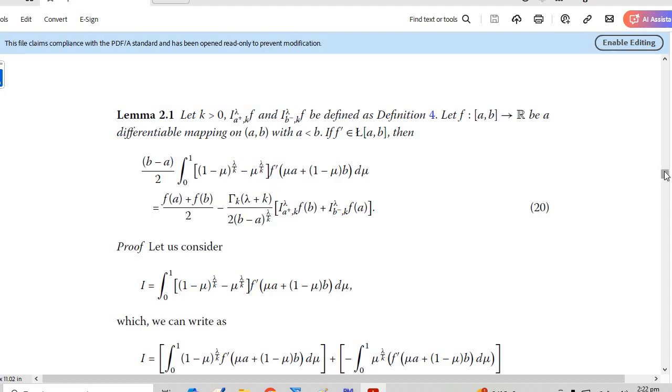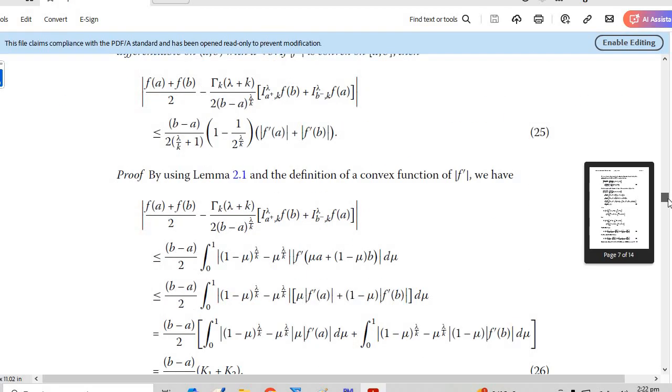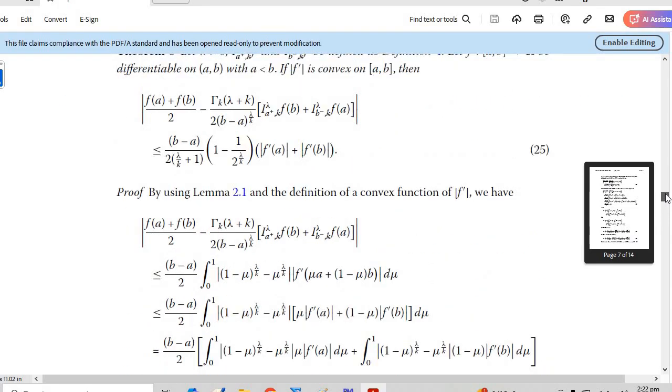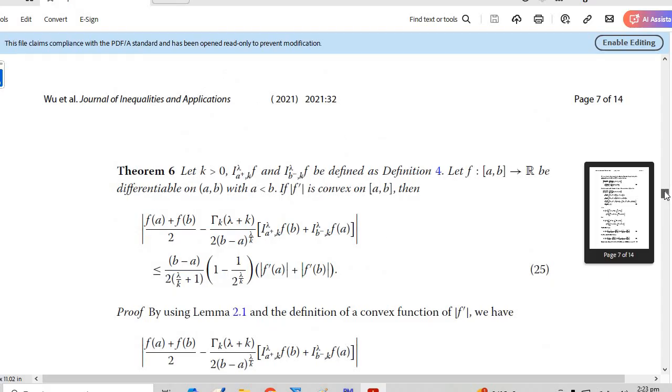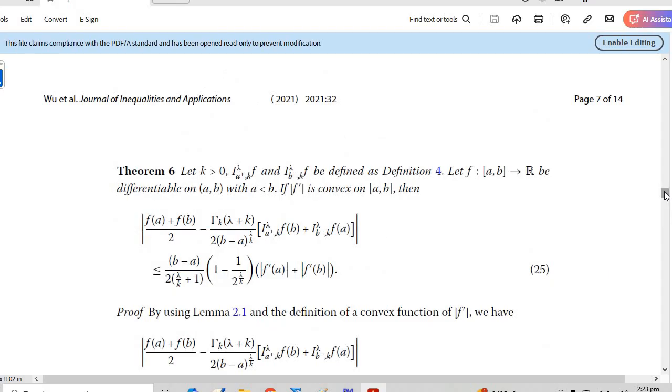For the next result, I advise you to read Theorem 6 by yourself. But what makes it different from the previous two theorems? Here we have used the convexity of f prime.